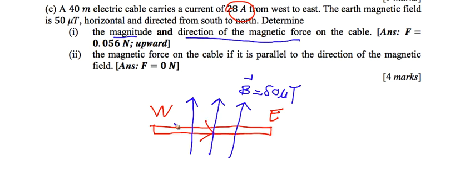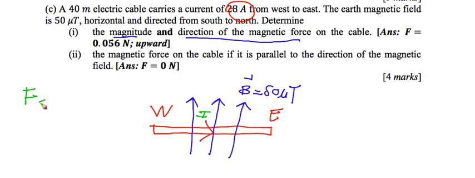So if you have a current flowing in the conductive wire in the magnetic field B, you have a force on the cable here. So what is the force?